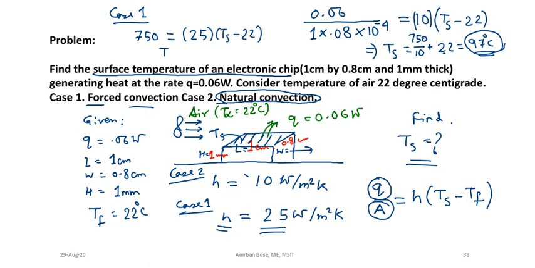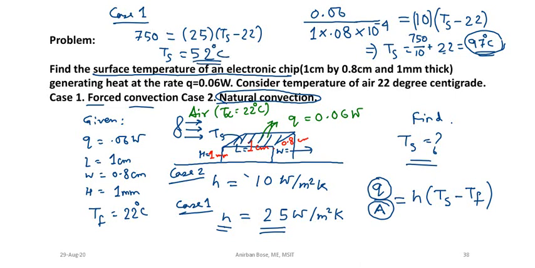So Ts will be equal to 750 divided by 25 plus 22. It is coming 52 degrees centigrade.